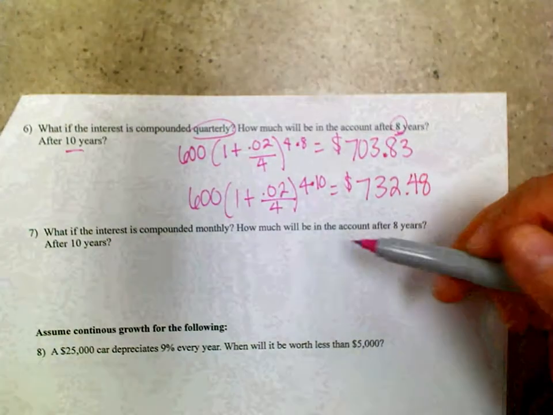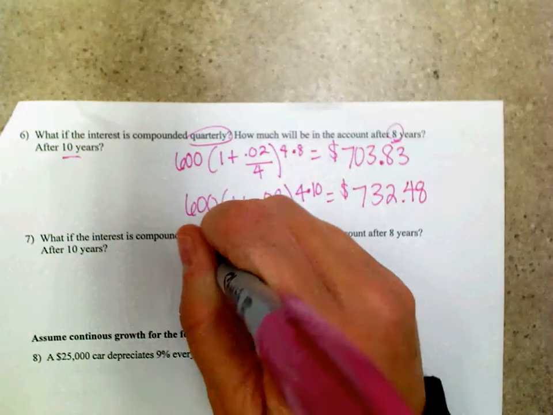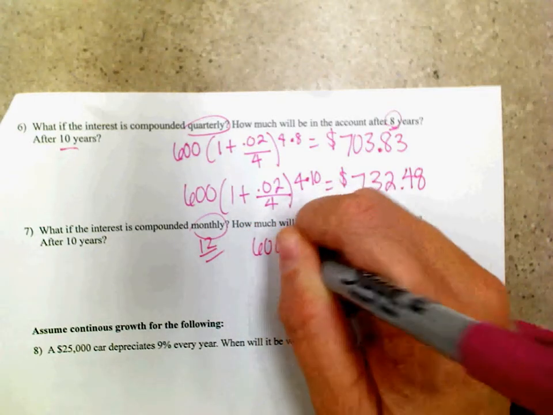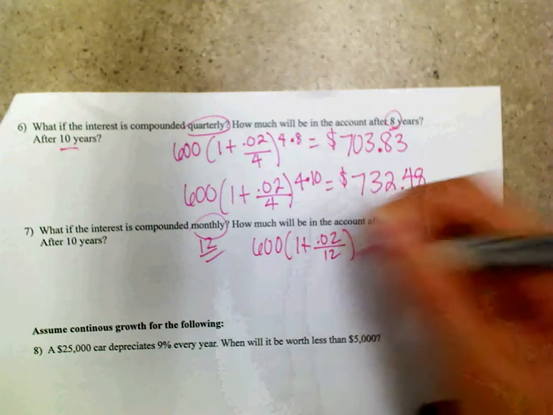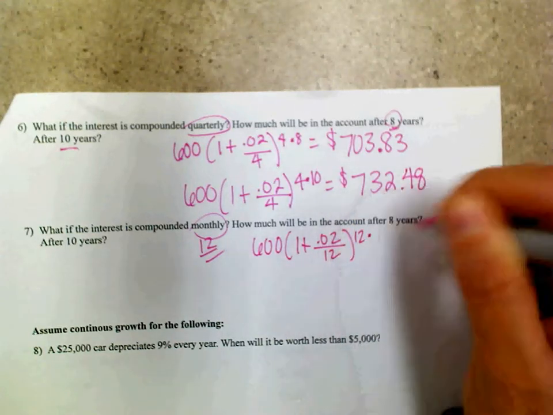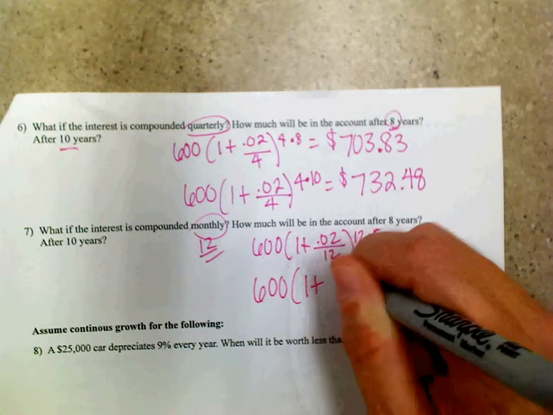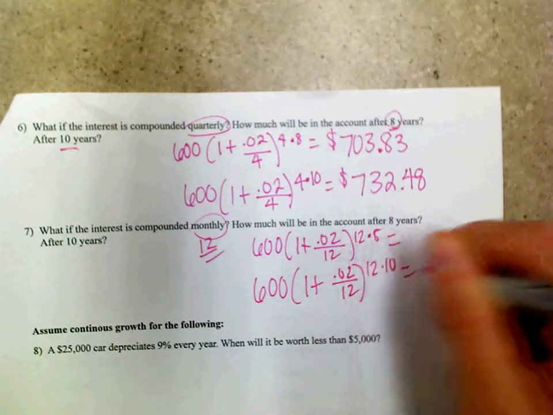Okay, what if the interest is compounded monthly? So now we're doing monthly. Monthly is 12 months in a year. So we're still going to have that 600, 0.02, but I'm going to divide by 12 this time. Take that 12 and times it by that 8. Same thing on the second one, except I'm going to take that 12 and times it by 10.